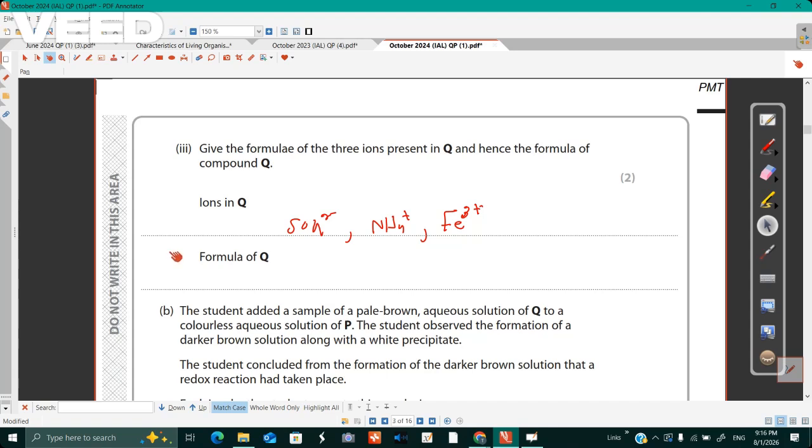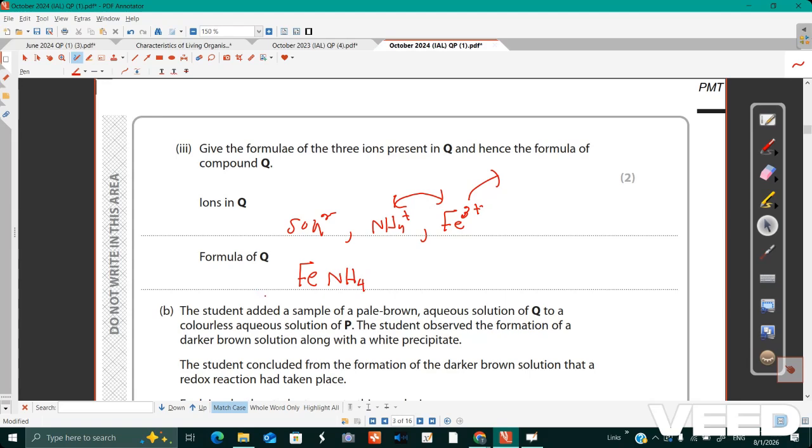Now they are asking about the formula. Remember, by convention the metal cation is written first, since metal cations later form complexes, and then if there is another cation like ammonium, you write it afterwards.